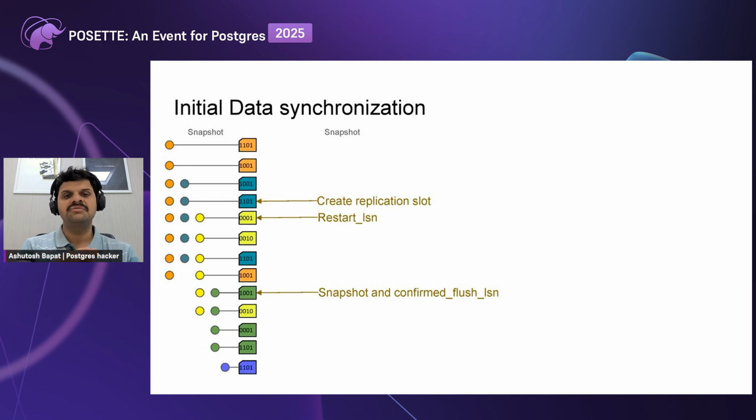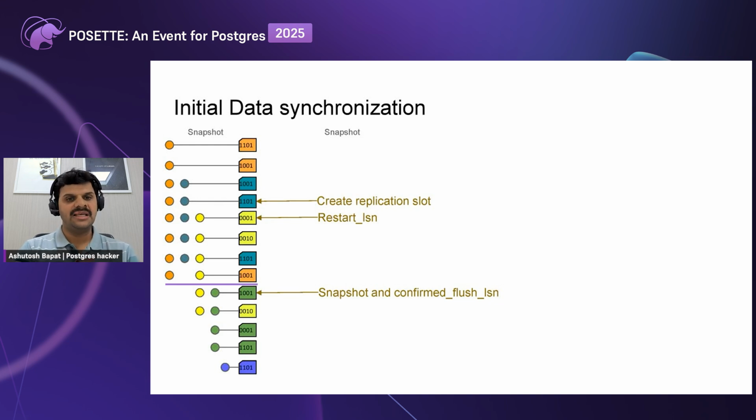That's the WAL record when the replication slot has started getting created. And at that point, there were two transactions active, yellow, orange, and blue. So the replication slot creation waits for these transactions to finish. So till the eighth record, it has to wait.